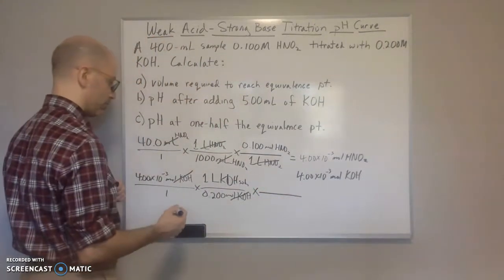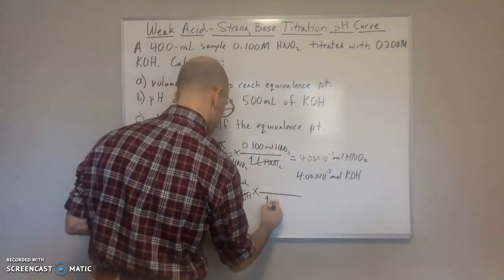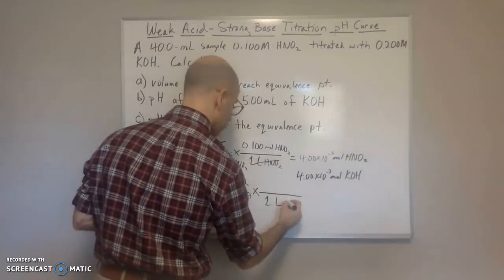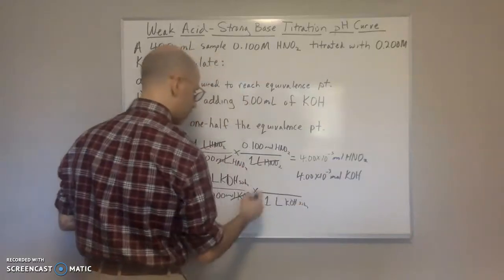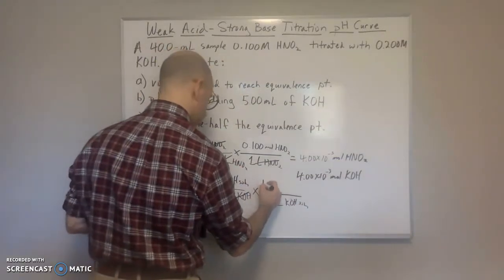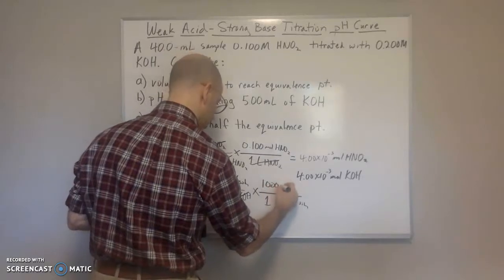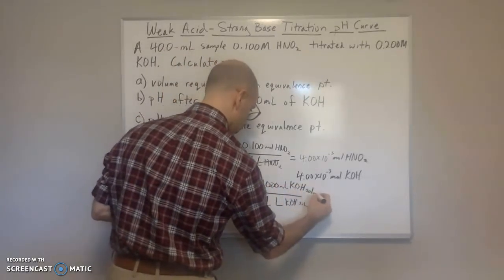multiply by a conversion factor to get from liters to milliliters. So 1 liter of KOH solution on the bottom, and we'll have 1,000 milliliters of KOH solution on top.